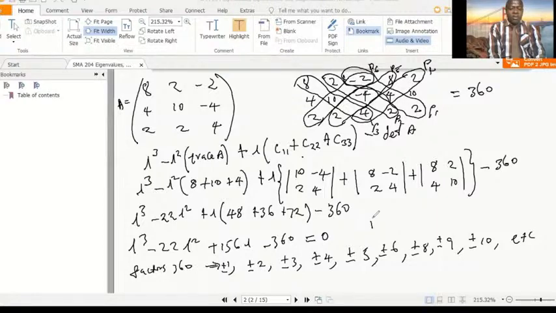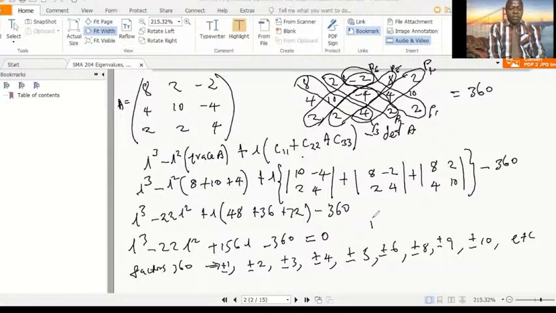Now, if you try 6, that means you have 6 cubed minus 22 multiplied by 6 squared, which is 36, plus 156 multiplied by 6 minus 360, and use your calculator, you will find 0.